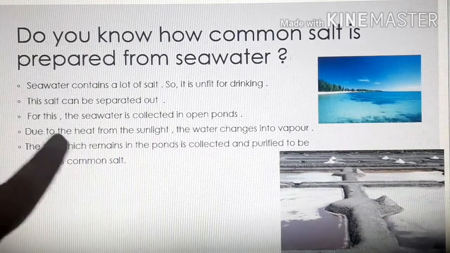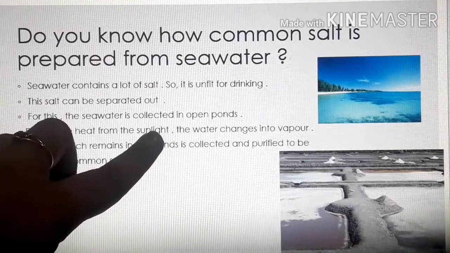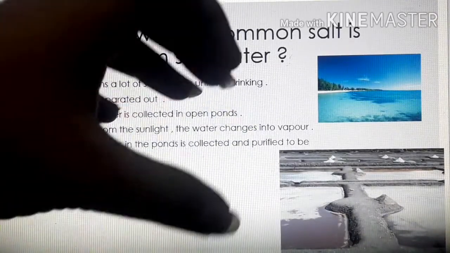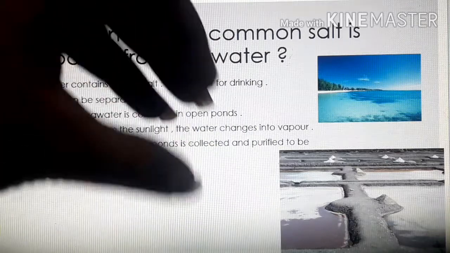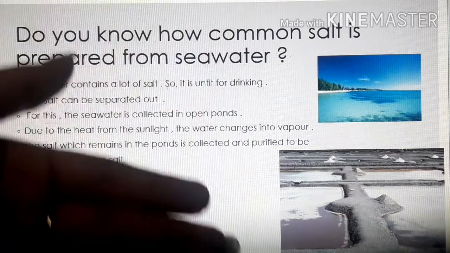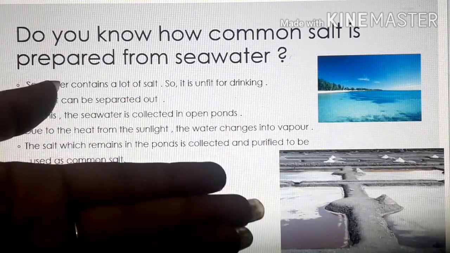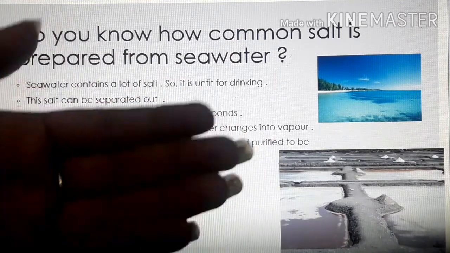Then, children, due to the heat from the sunlight, as you know, when the heat of the sunlight falls on any water body, the water changes to water vapor and the water dries up.